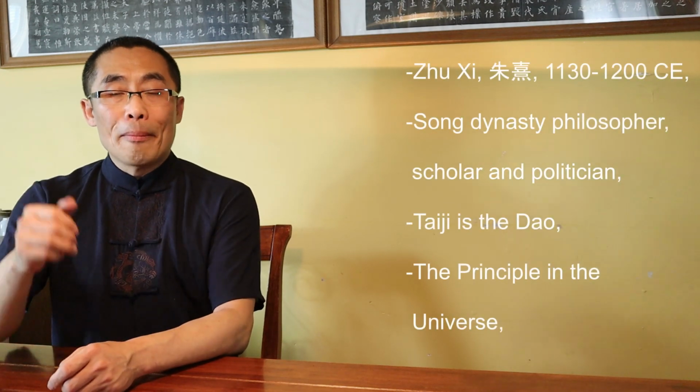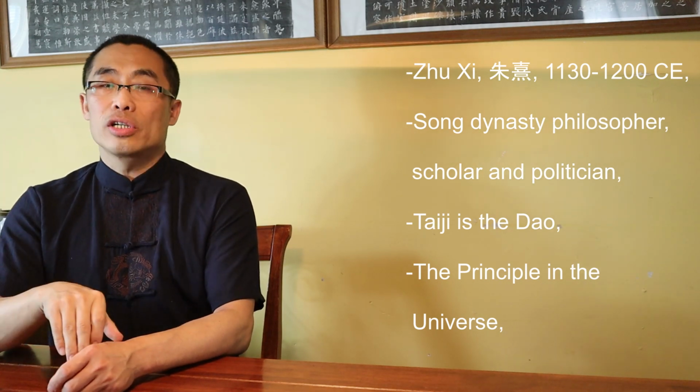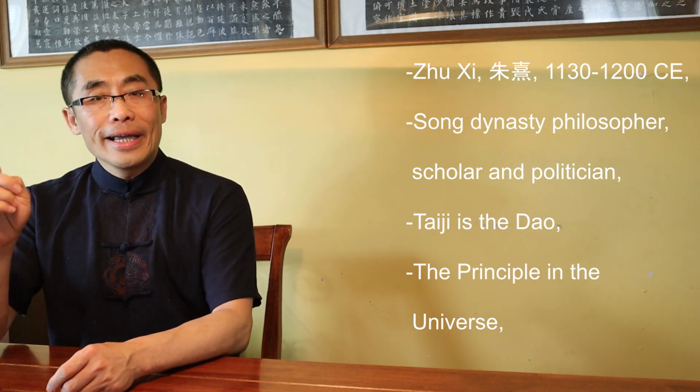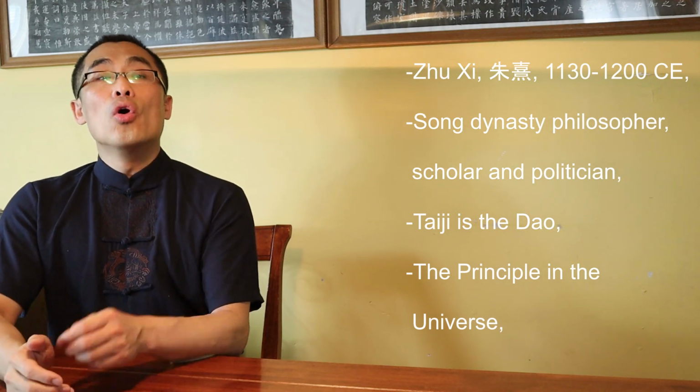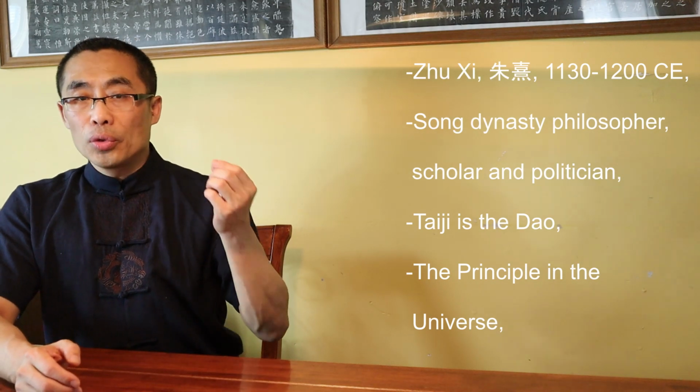This was not consistent with the concept of unpolarized energy as mentioned in the Han Dynasty. Later, Zhu Xi, from 1130 to 1200 CE, a prominent Song Dynasty philosopher, scholar, and politician, said that Tai Chi is the Tao, or the principle in the universe, which includes yin-yang, softness, hardness, and so on.